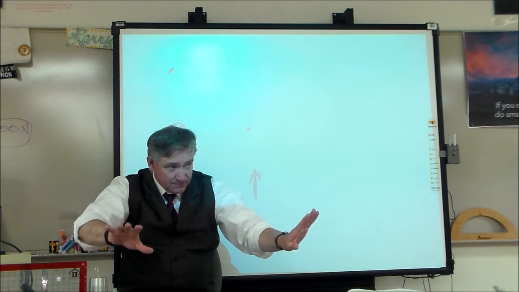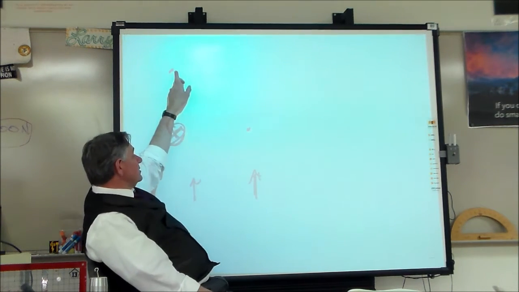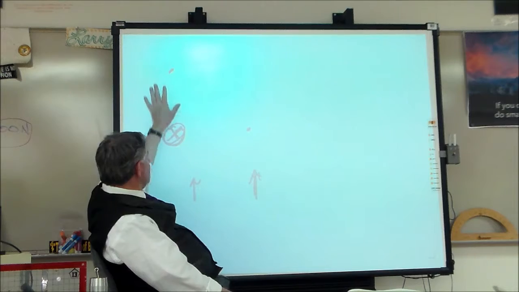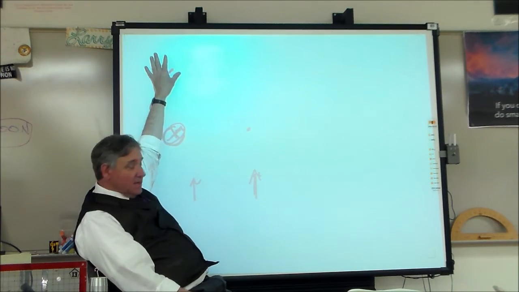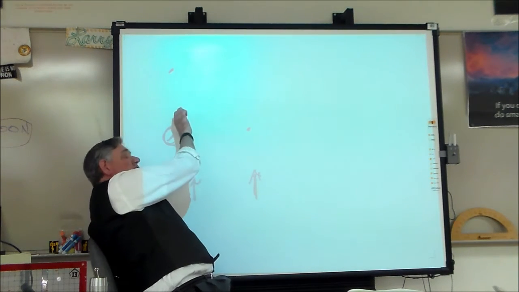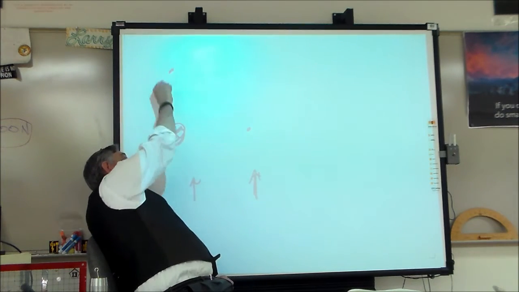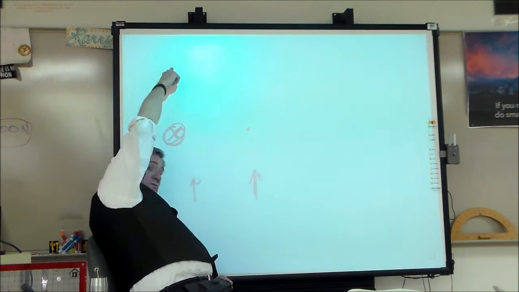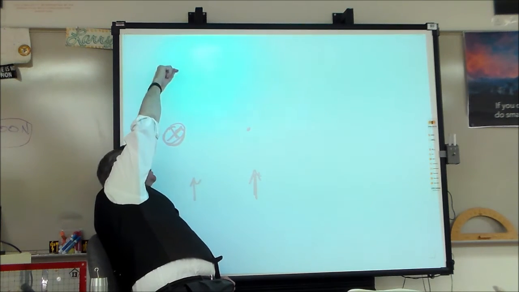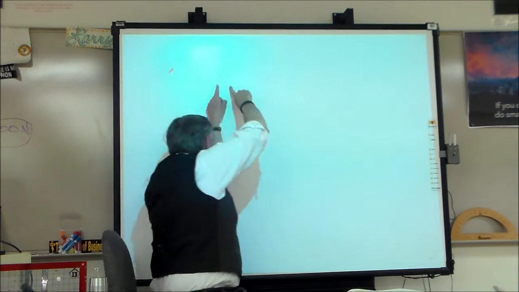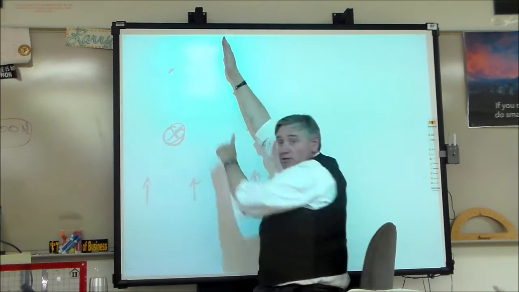Got that? Now, up here, you still have a magnetic field going like this, right? But now, if you put your hand this way, up there at the top, the current from this wire is going to be going like this. You have this magnetic field going up like this.